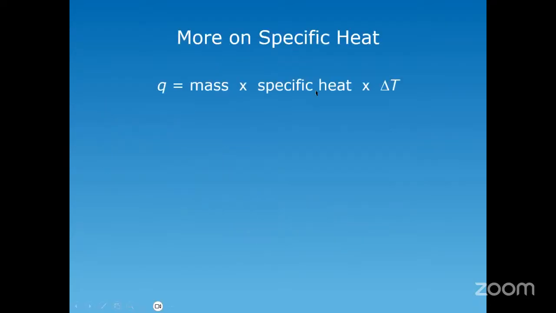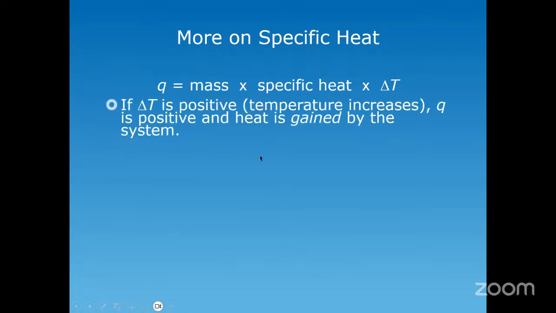So more specific heat, right? So this is the relationship right here. This is the equation. Q is equal to mass times the specific heat times the change in temperature, right? So basically, again, we have to pay attention to the signs, right? What the signs actually mean, right? So if delta T is positive, that means that there's a change in temperature, which corresponds to an increase, right?